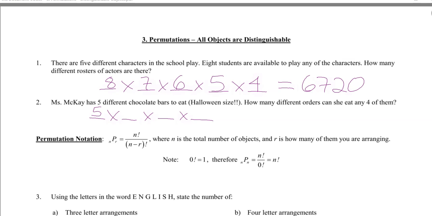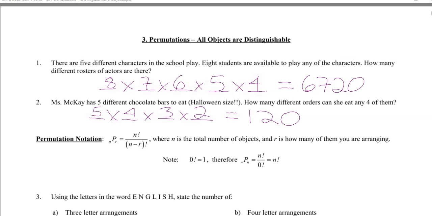And for the second one, and for the third one, and for the fourth one. So that's 120 different ways in which you can eat 4 chocolate bars out of a set of 5.